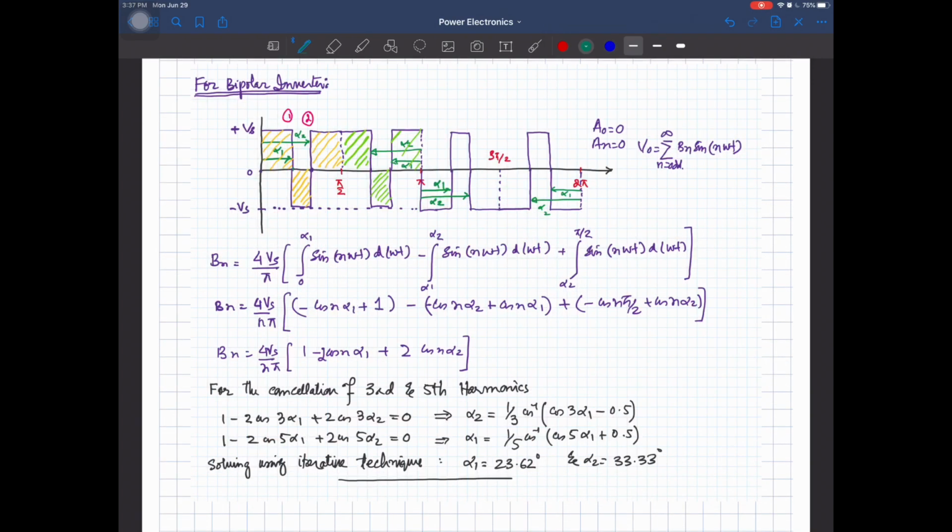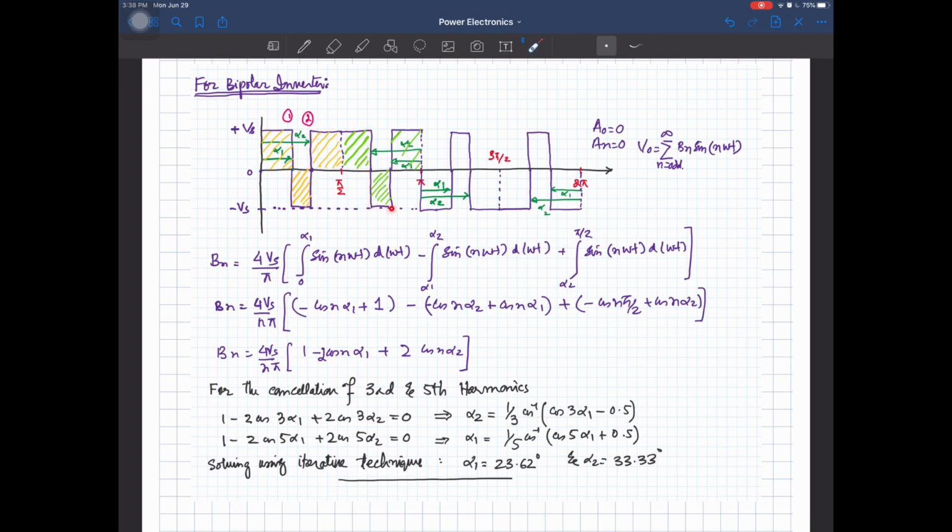So far we have seen the unipolar inverter waveform. Now we are going to consider the bipolar inverter waveform and selected harmonic elimination for the bipolar inverter. In the case of the bipolar inverter, as you can see over here, we will be switching between plus Vs and minus Vs, right?